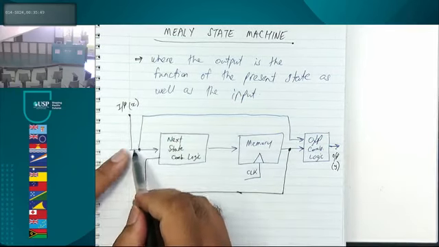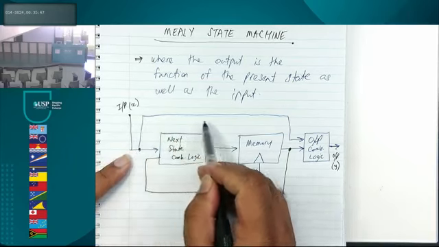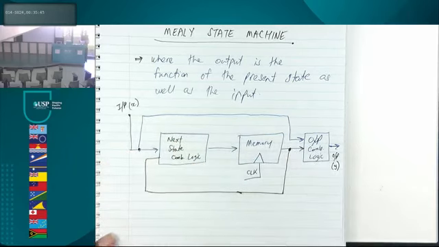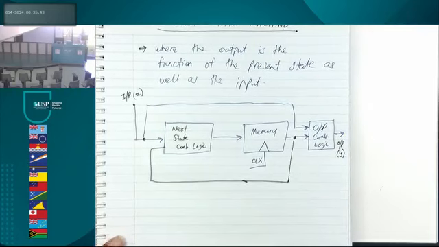If you look at it, the input X flows directly into the output combinational logic. Now, another important point, guys.